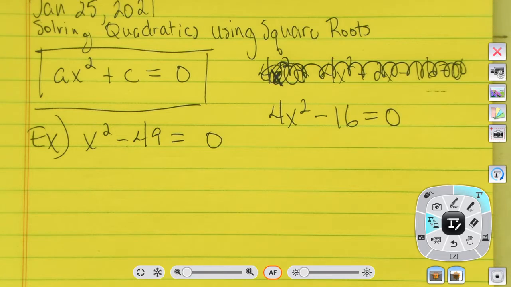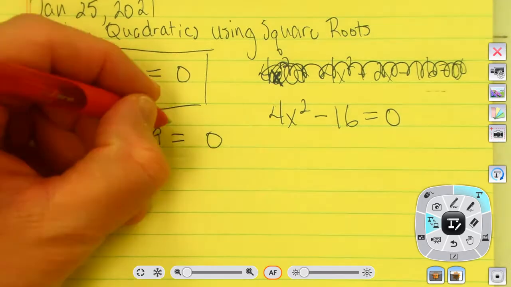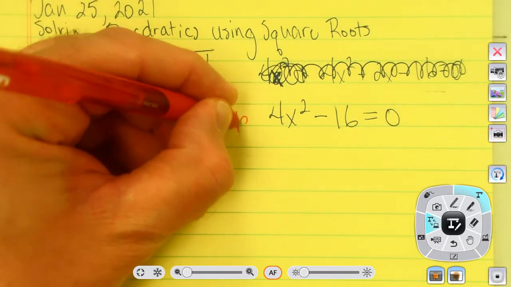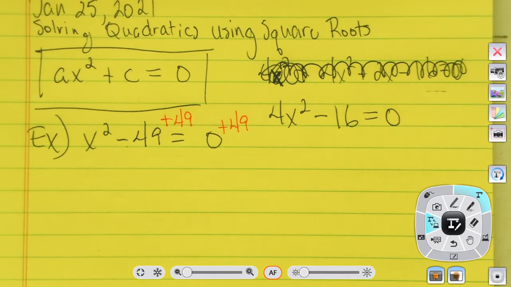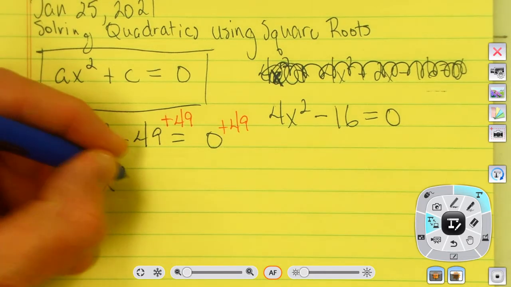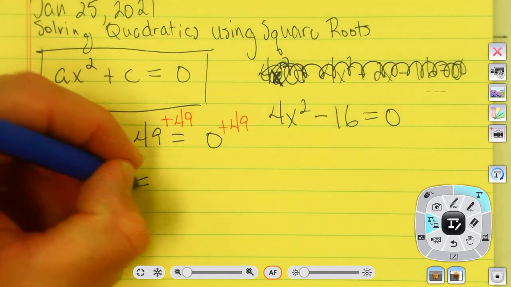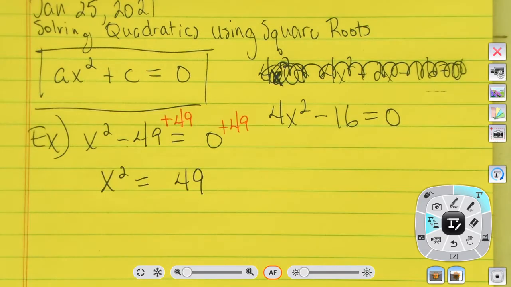The way I'm going to do that is first, if I have minus 49, I'm going to add 49 to both sides. Previously, when I was factoring, I was setting it equal to 0. I'm not doing that now. I'm going to add 49 to both sides. And I'll be left with x squared equals positive 49.